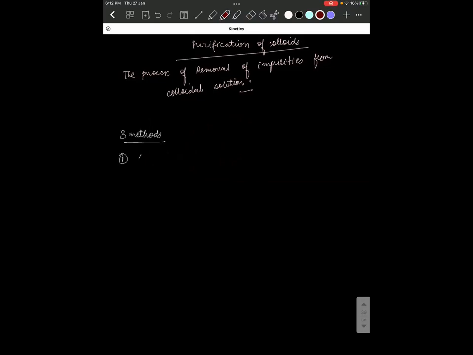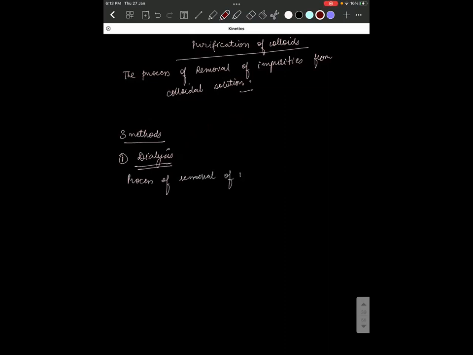The first method is dialysis. What are we doing in dialysis? In dialysis, the process of removal of impurities from colloids via diffusion through a membrane is called dialysis.